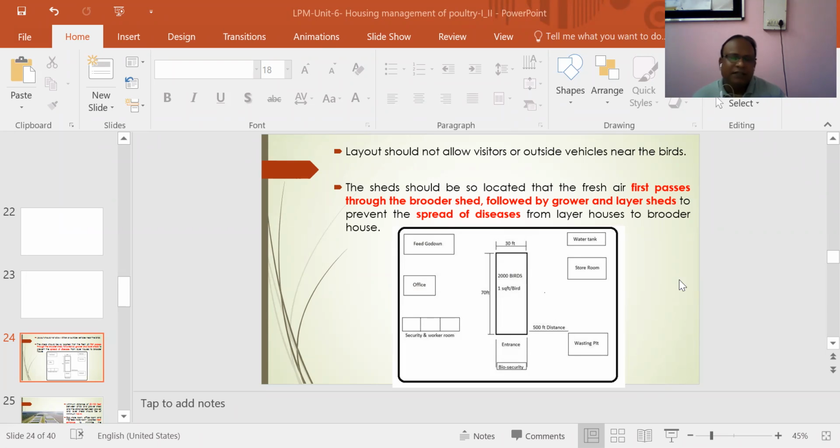That is, in the direction of the wind, first there should be the brooder shed, then the grower shed, then the layer shed, because old birds are reservoirs of microorganisms of many diseases. So the air first passes through the brooder shed to the grower shed, then to the layer shed, so there are minimum chances of spread of disease from the layer shed to the brooder shed.